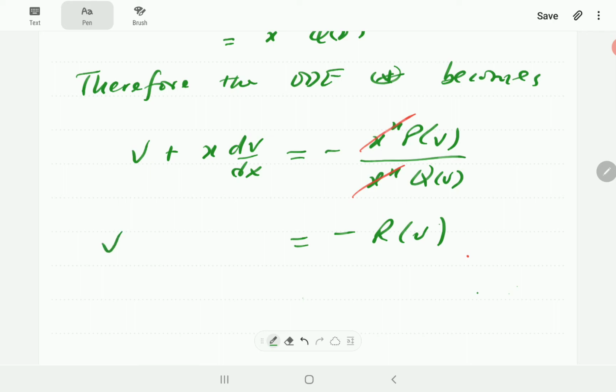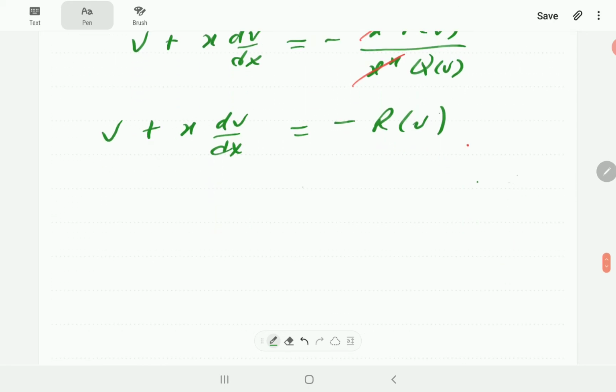So we now have v plus x dv/dx equal to negative r of v. Now this is going to be separable. If we bring r to the left hand side, I've got v plus r of v, plus x dv/dx equal to 0.